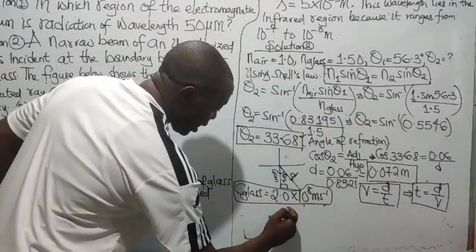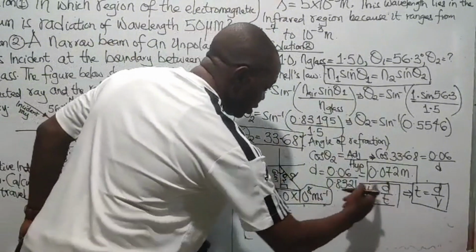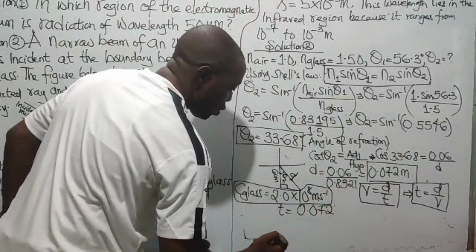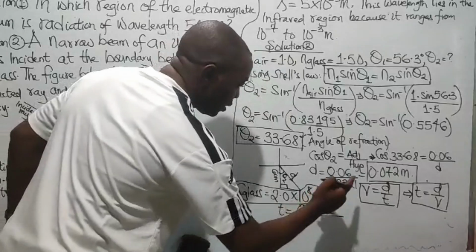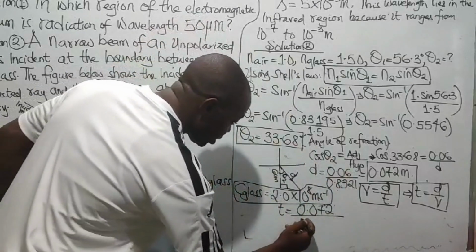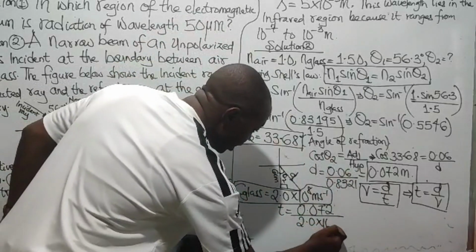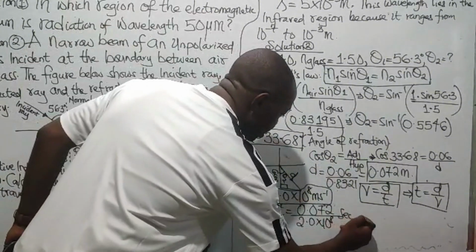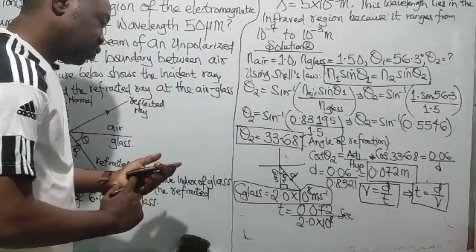To calculate the time, the distance is 0.072, divided by the velocity of glass, 2.0 times 10 raised to the power of 8. The unit of time is the second.